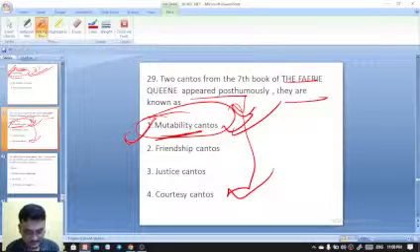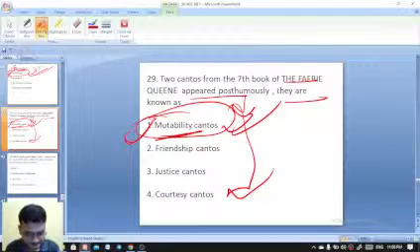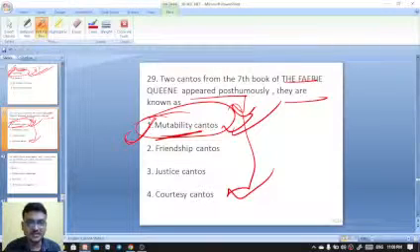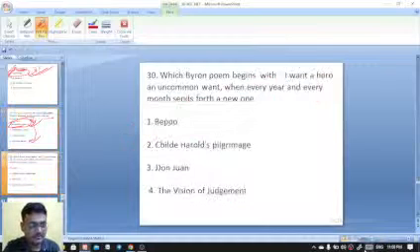Got it, Shraddha. So two cantos from the seventh book of The Faerie Queene appeared posthumously. They are known as the Mutability Cantos. Okay.